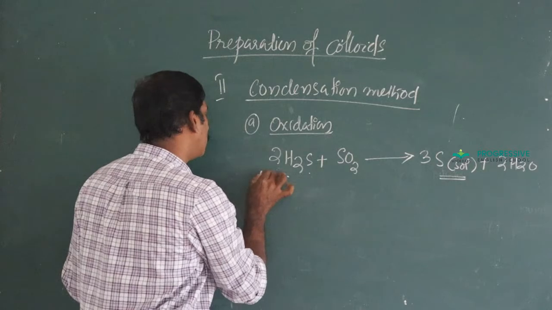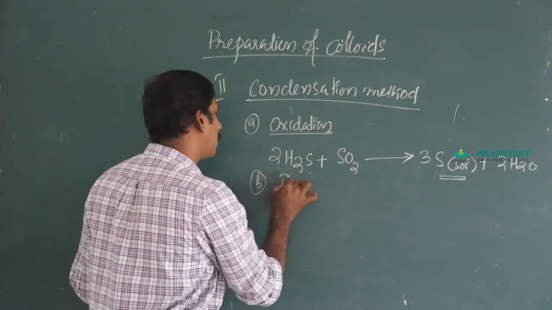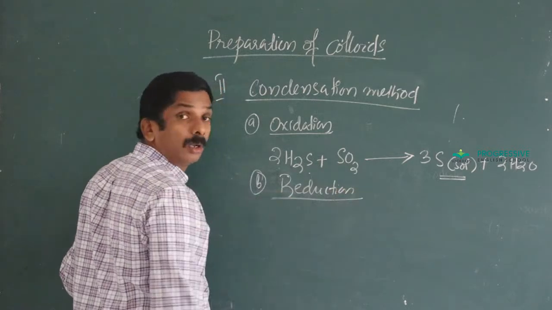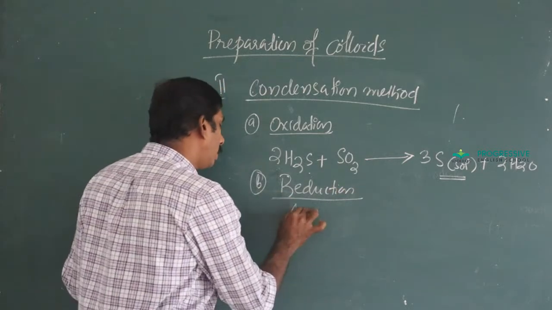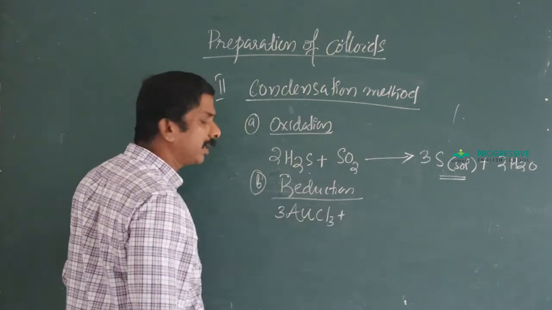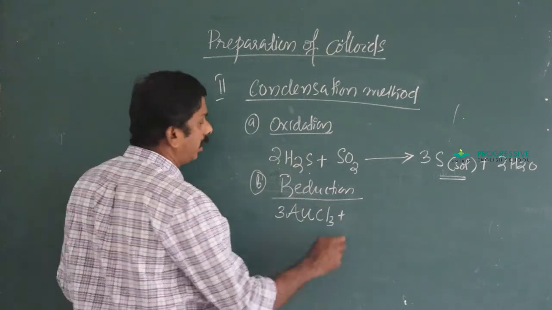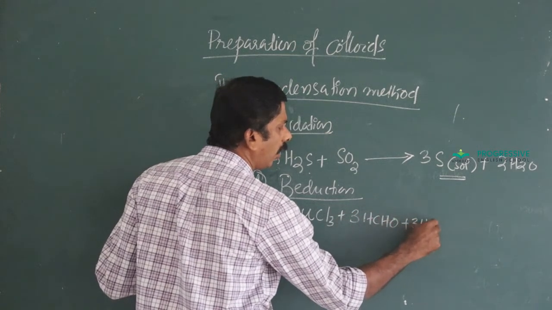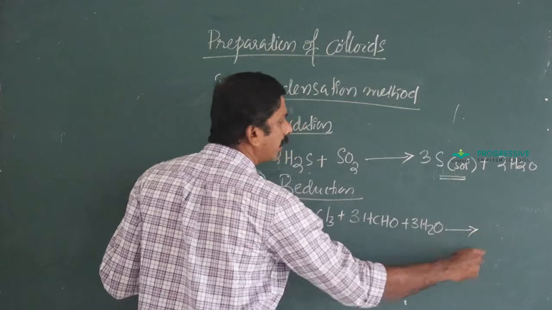Second one is just the opposite of oxidation, that is reduction. Gold sol is prepared by the reduction of auric chloride by using an aqueous solution of formaldehyde.